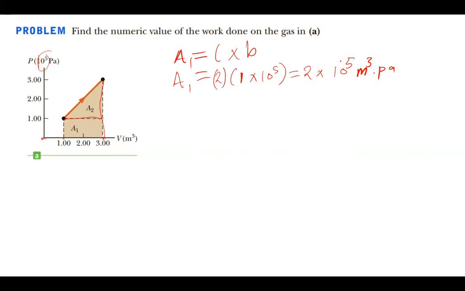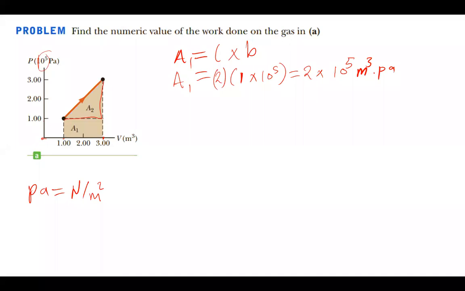We just write it like that. But we know that a Pascal is Newton per meter squared.